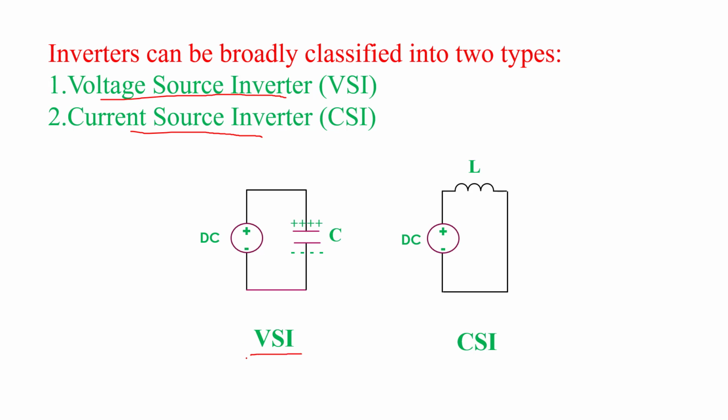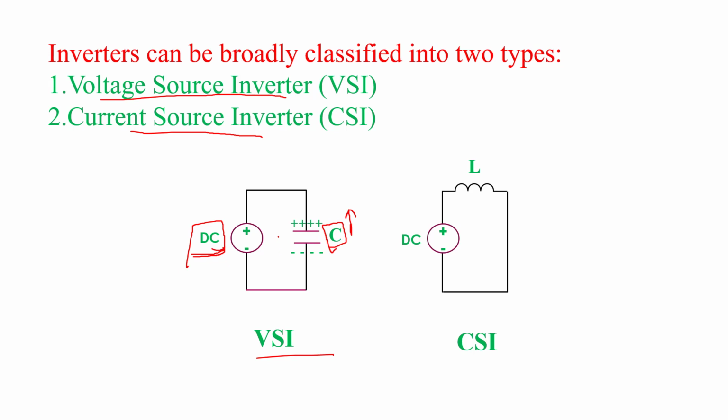Now, how do we obtain a constant voltage source at the input side of the inverter? To obtain constant voltage across the input side, we use a DC voltage source, and in parallel with this DC voltage source we connect a capacitor. The capacitor has a very large capacitance, because a capacitor with large capacitance will store more charge.